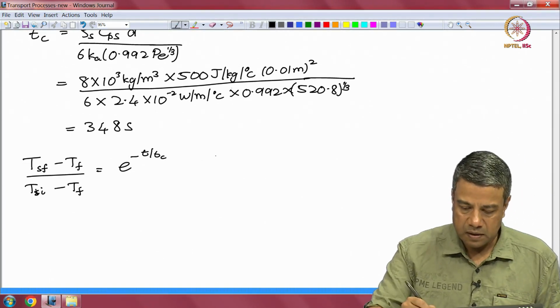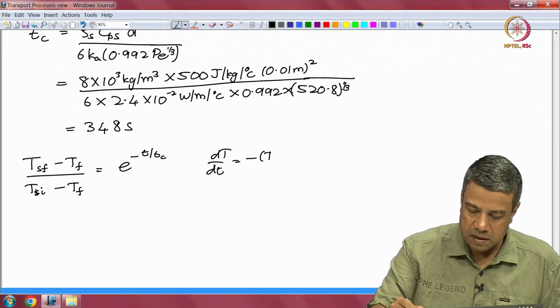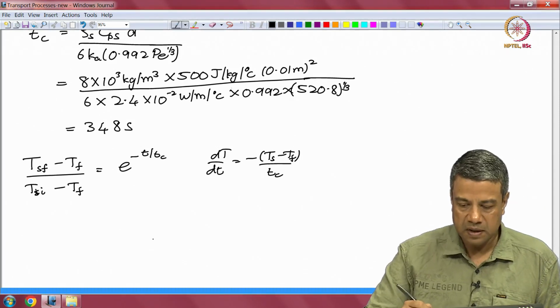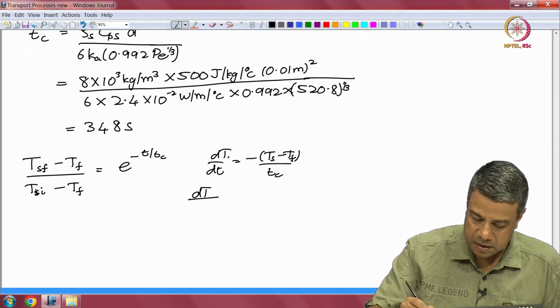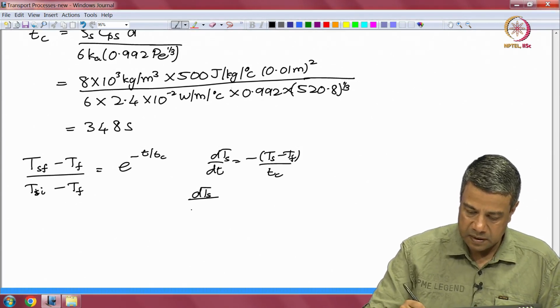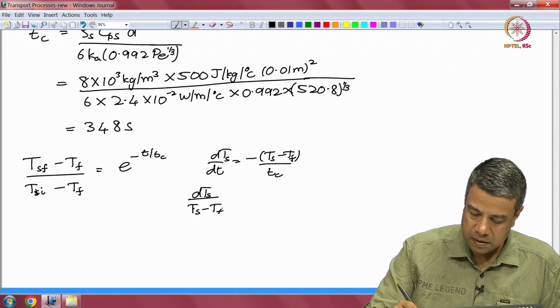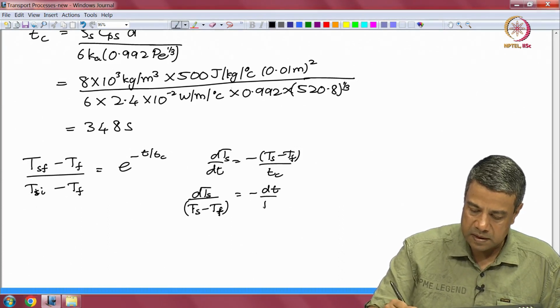Note that dTs by dt is equal to minus (Ts minus Tf) by Tc. Integrate that once: dTs by (Ts minus Tf) is equal to minus dt by Tc.